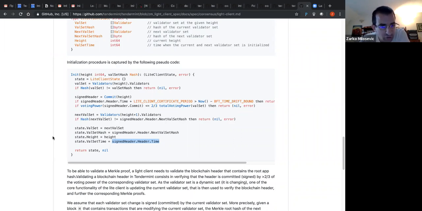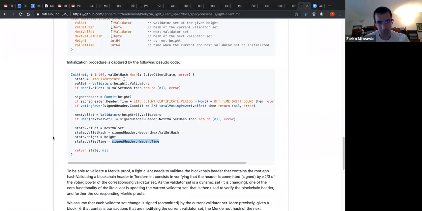So if you want to figure out what the application state was 10 heights ago, you would need to initialize the light client with a trusted piece of information for a smaller height. So for the past, you need to go back and redo the work.